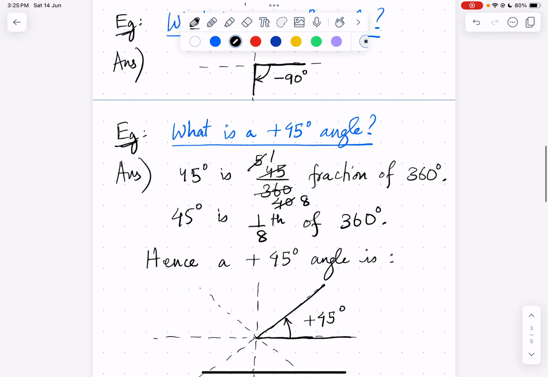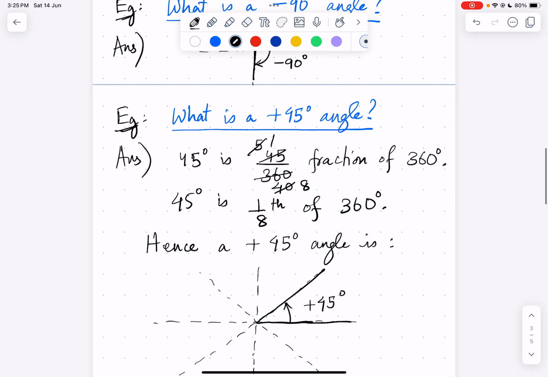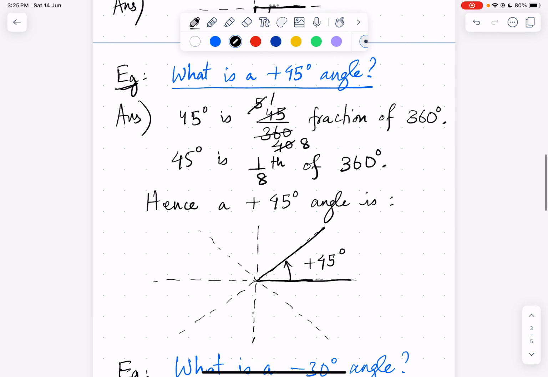Similarly, 45 degrees is 1/8 of 360 degrees, so this is a plus 45-degree angle. Similarly, 30 degrees is 1/12 of 360 degrees. Hence, a minus 30-degree angle is this. So this is how we measure angles between rays.